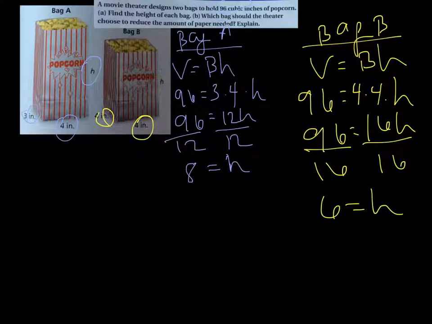So now we have to think about how to answer part B of the question. Which bag should the theater choose to reduce the amount of paper needed? Now, is this talking about volume anymore? If we're talking about the paper that's holding the popcorn, that's containing the volume of popcorn that we have in the bag, what measurement are we talking about? Any guesses?